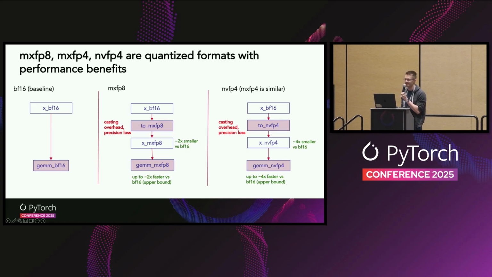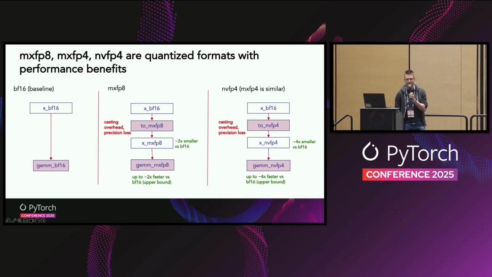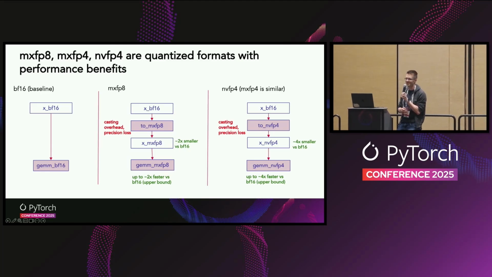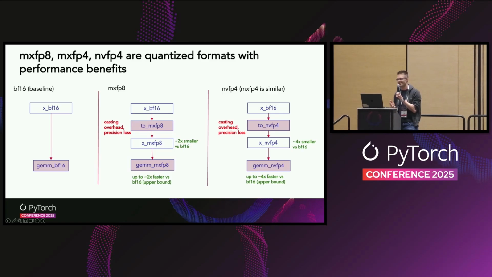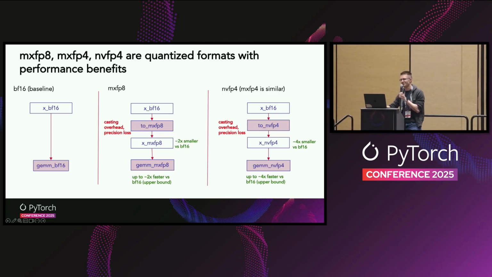If you quantize your tensors to mxfp8, you pay some overhead to cast it, and you might lose some precision. But then you get a tensor that's 2x smaller, and your gem can run up to 2x faster. And then all the way on the right, if you use 4-bit formats, such as nvfp4 and mxfp4, your tensor is even smaller, and your gem is even faster. So basically, it's a performance versus accuracy trade-off.